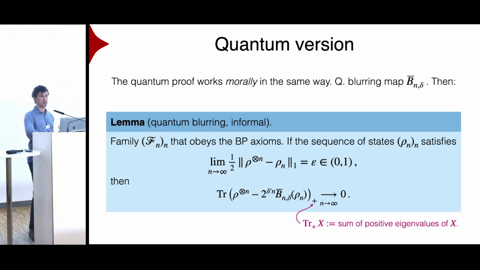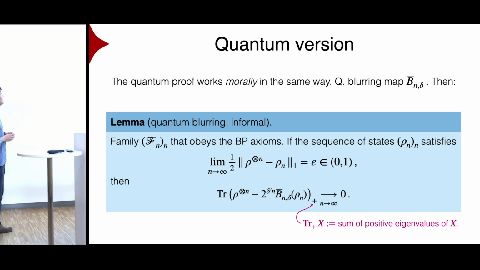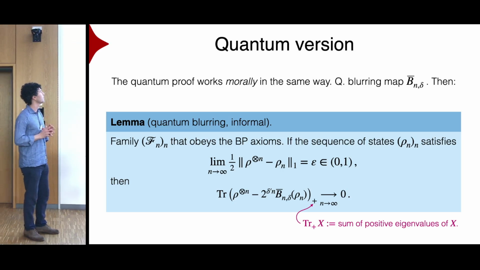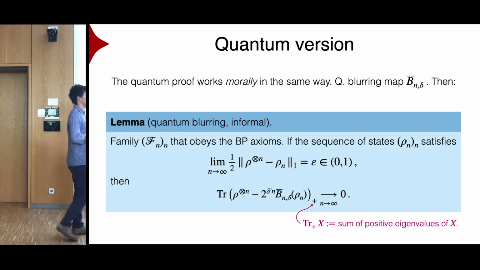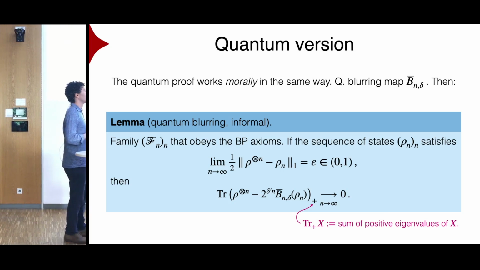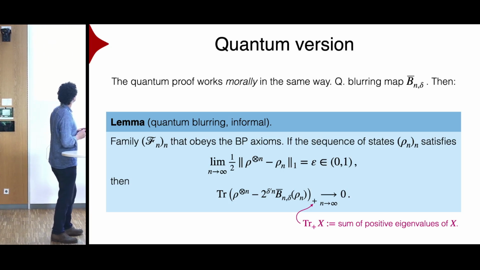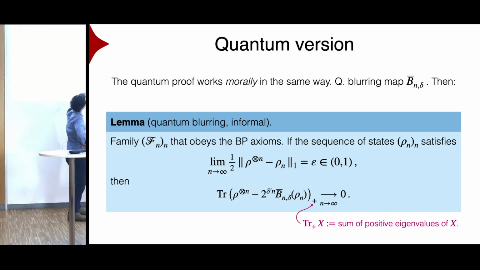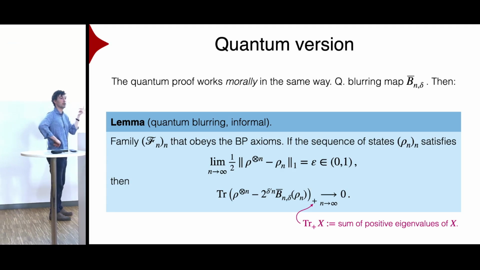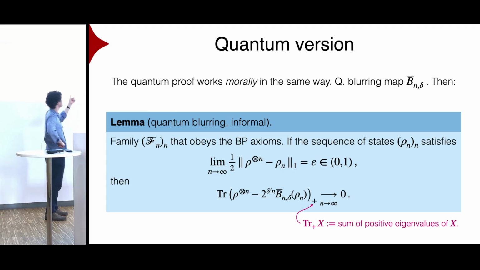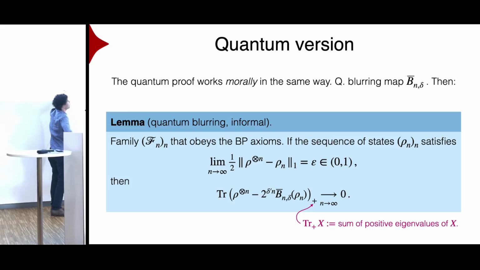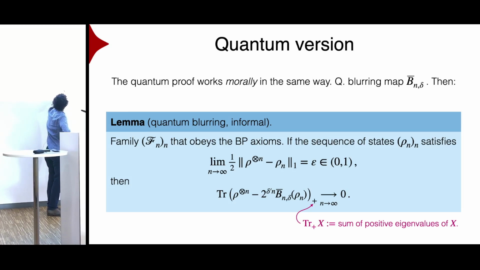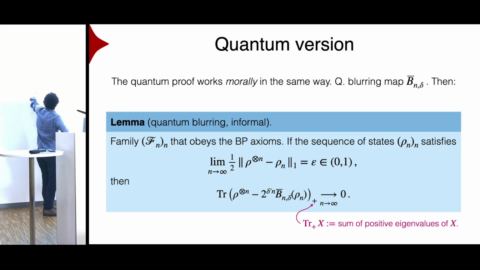Okay, so what you do is you prove a quantum blurring lemma, which works morally in the same way. So you have a quantum blurring map, which I will try to describe in the next slide, but it works essentially the same. And now what you have is that, if you have an IID state and a sequence of states that's not asymptotically orthogonal to that IID state, at a distance epsilon, which is not 1, then I can apply a quantum blurring map, which will preserve separability, to this state rho n so that it asymptotically dominates rho tensor n.